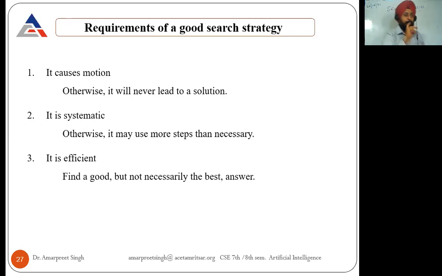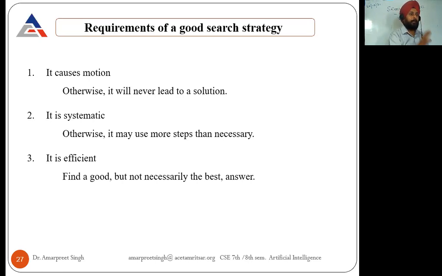So it should make some changes, that is, it should cause motion. Otherwise, it will never lead to a solution, or we can say there is a deadlock. If the state does not change whatever step you take, or you are unable to take a further step, that is known as a deadlock. So your strategy should avoid those deadlocks.